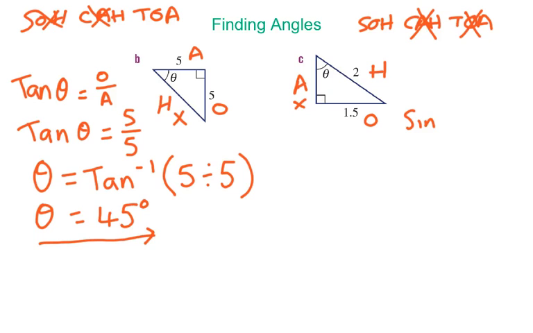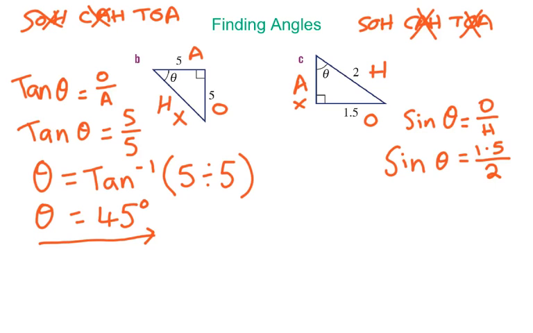Sine theta is equal to opposite over hypotenuse. I don't know what theta is. My opposite is 1.5 over 2.